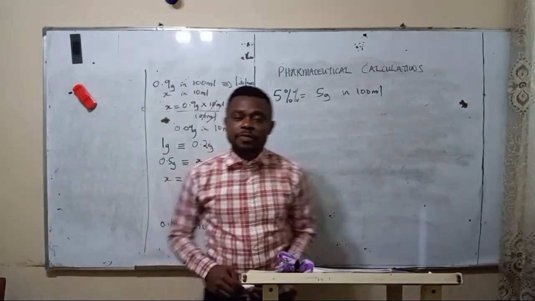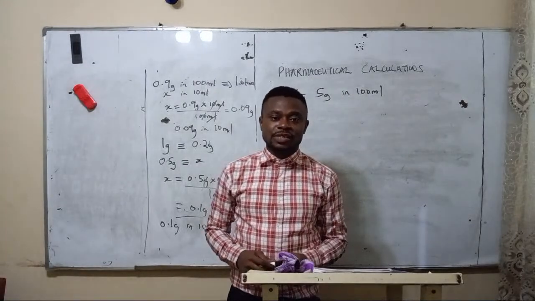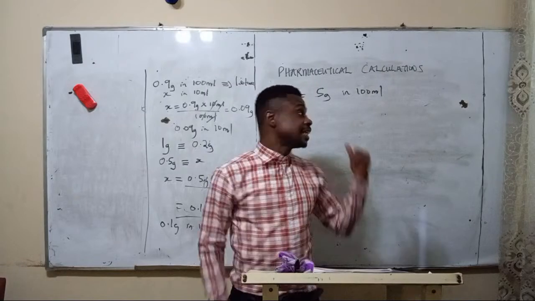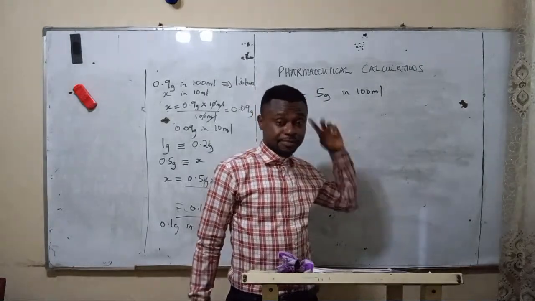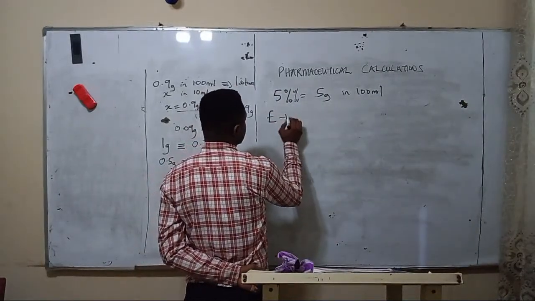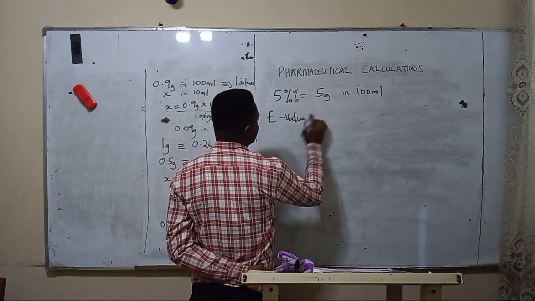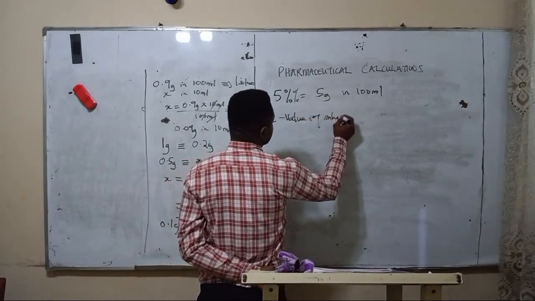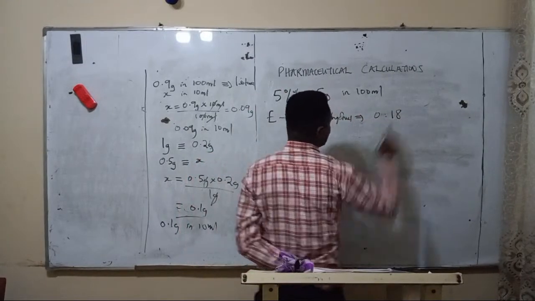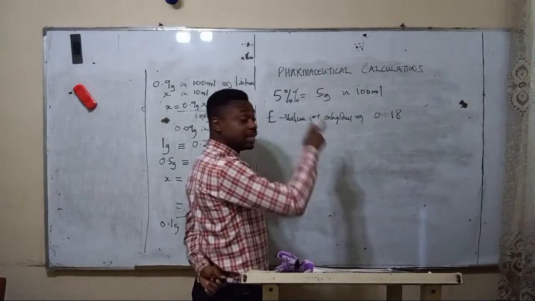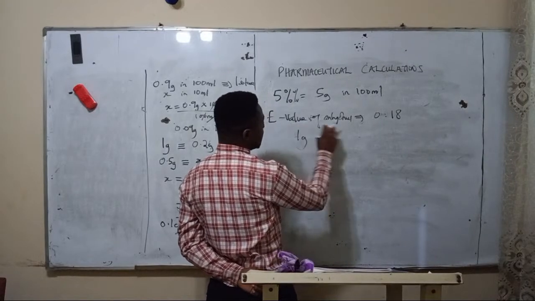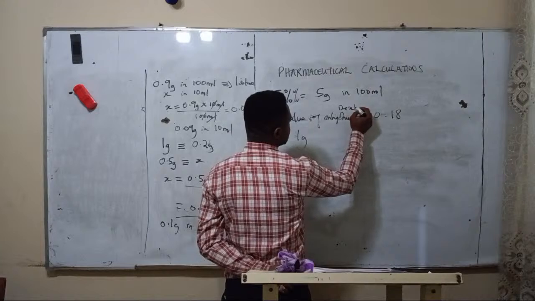But remember that the sodium chloride equivalent, the E value, of anhydrous dextrose is 0.18.